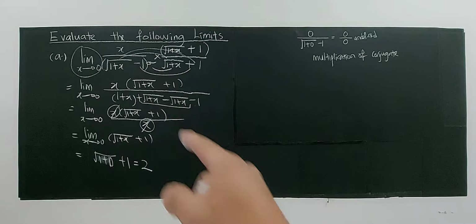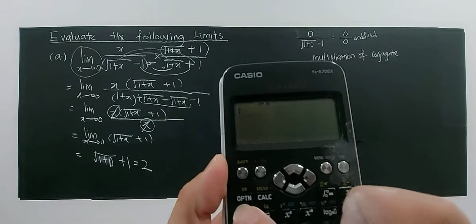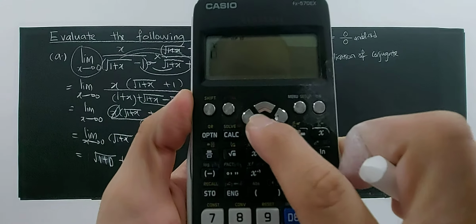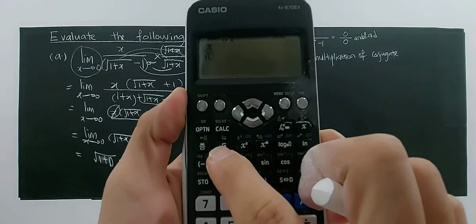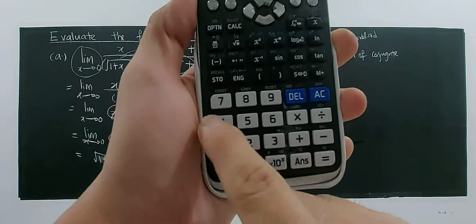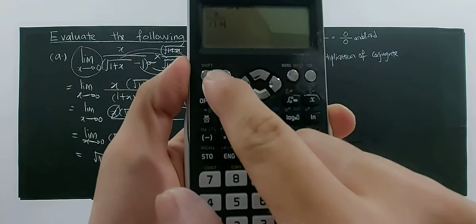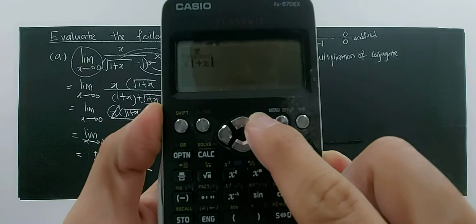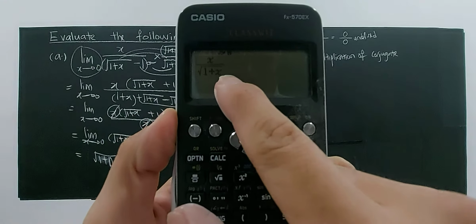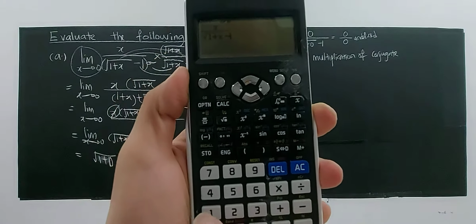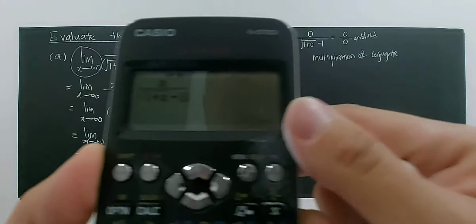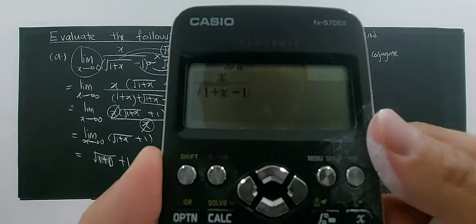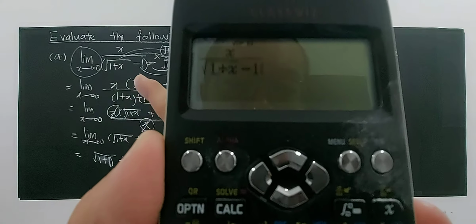You can key in the function, and you can do this while you are in an exam. Key in the square root of 1 plus the alphabet x, then press the arrow to move out from the square root, minus 1. Then you have the function x over the square root of x plus 1 minus 1.